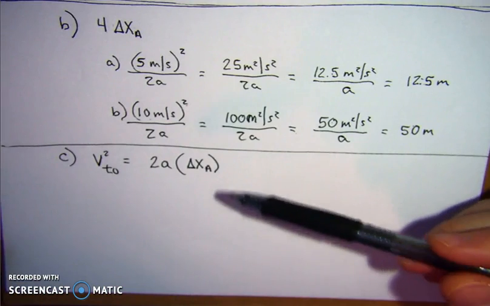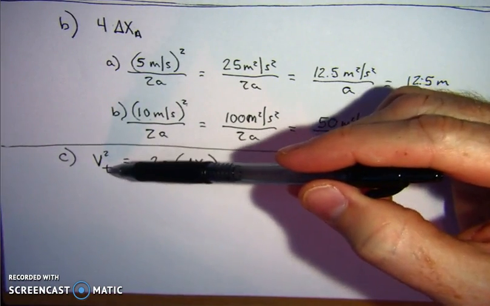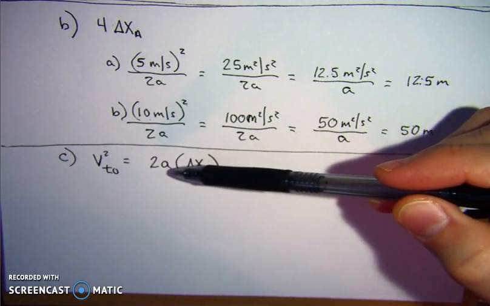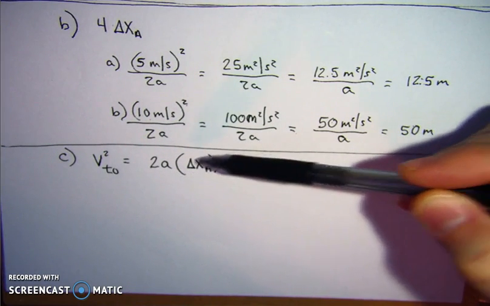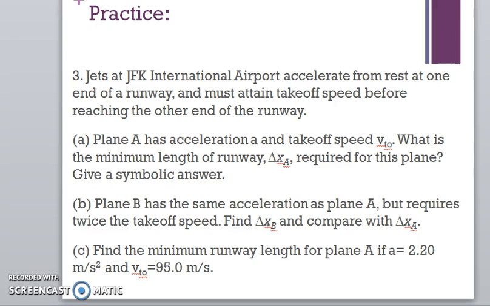I've already written the equation out the way we had it before. Remember, this is how we had it. Velocity squared at takeoff equals 2 times the acceleration times our distance for plane A. So let's go ahead and substitute those numbers in. 2.20 meters per second squared for acceleration and 95 meters per second for velocity at takeoff.